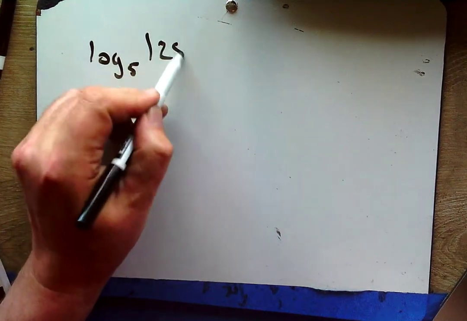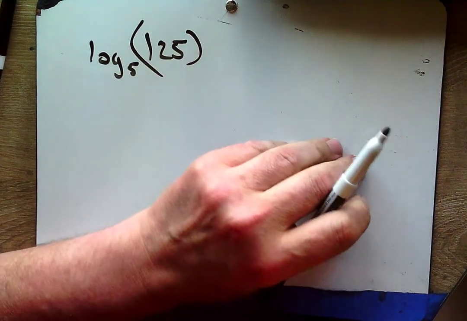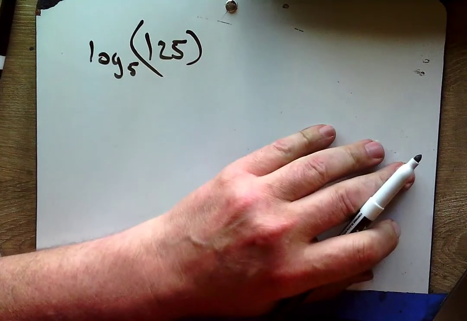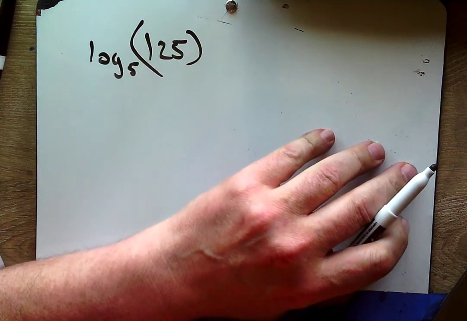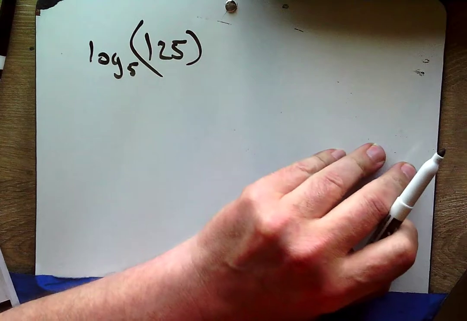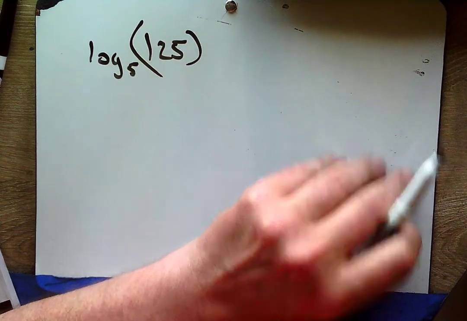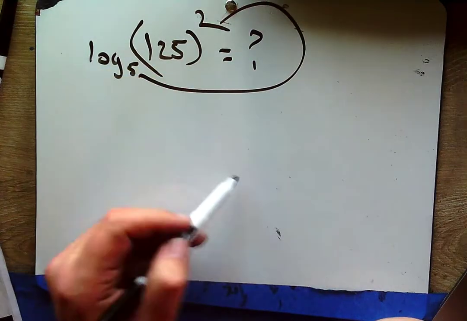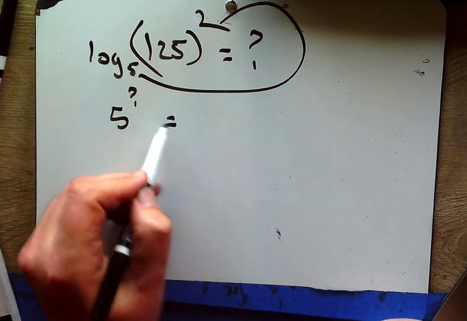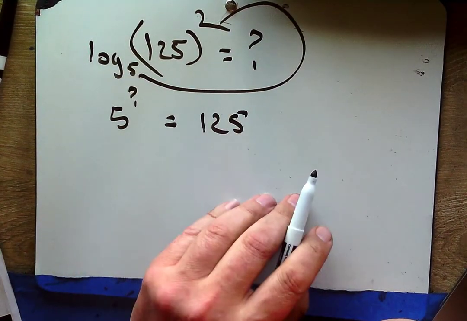All right, how about log base 5 of 125? Whichever method you want. 5, 4, 3, 2, 1. Well, I like scorpion tail here. 5 to the question mark equals 125.